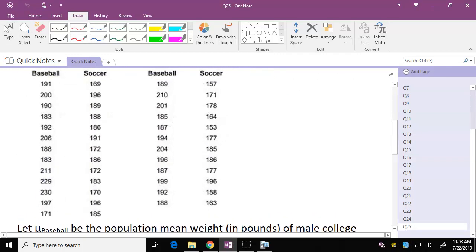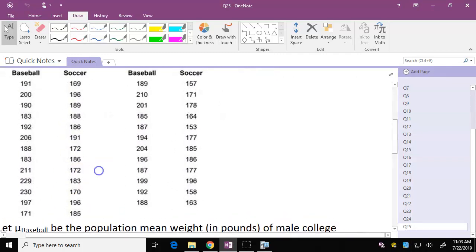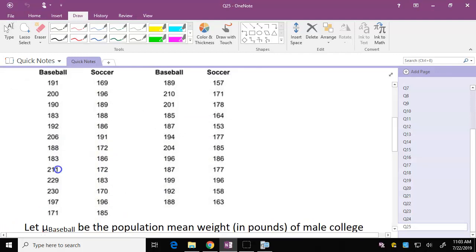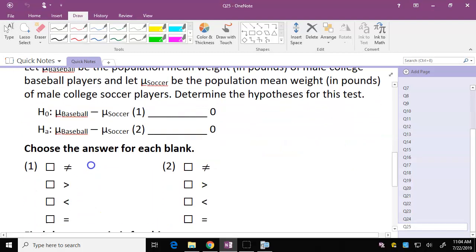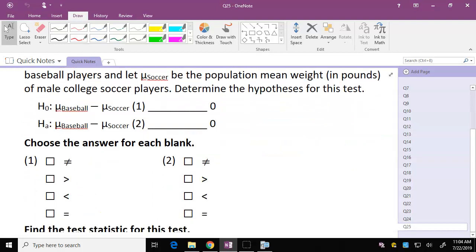So there's our data, baseball and soccer. What's going to happen for our H naught? Is it going to be not equal, greater than, less than, equal? Equal. H naught is always equal. Now, they want to determine that these are different in means.